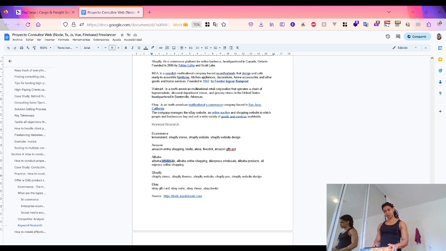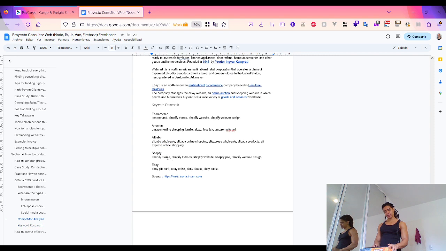Alibaba is for wholesale, online shopping, AliExpress. When you use the tool WordStream for keyword research on Shopify, it gives you stores, themes, website, POS, point of sales, Shopify website design.